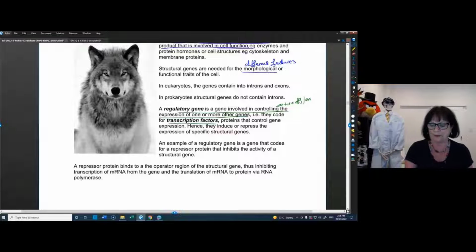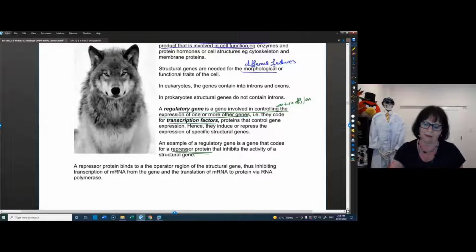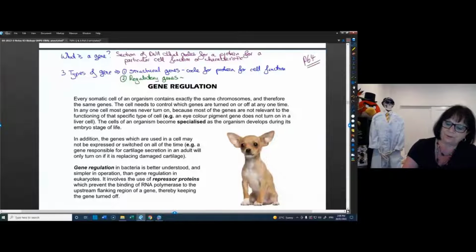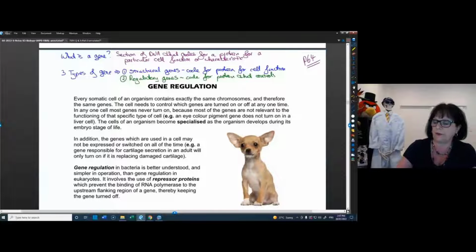An example that we particularly talk about is a repressor protein. That is one of the key types of transcription factors these genes code for. So regulatory genes code for a protein that controls, by turning on or off, other genes.